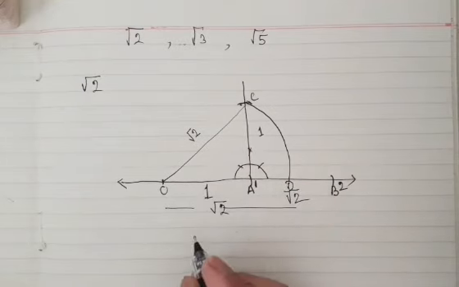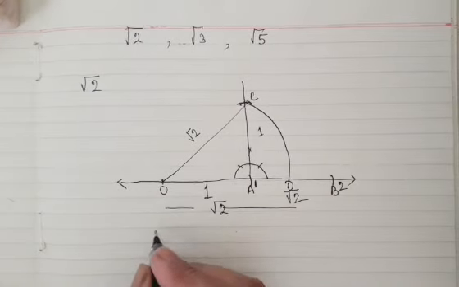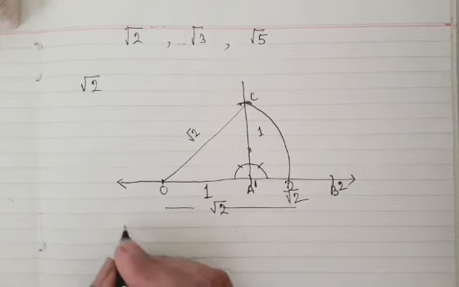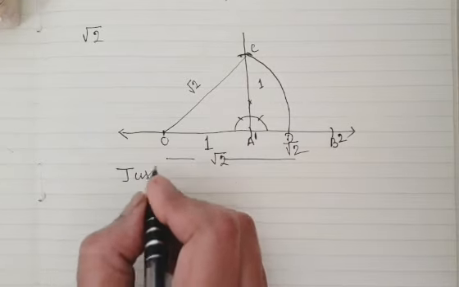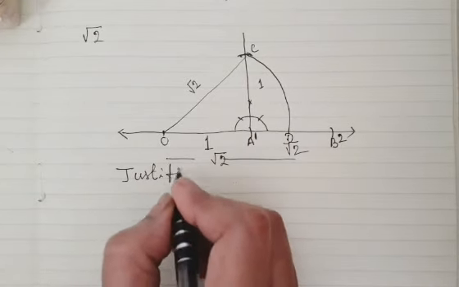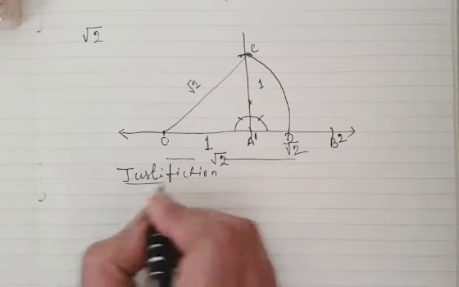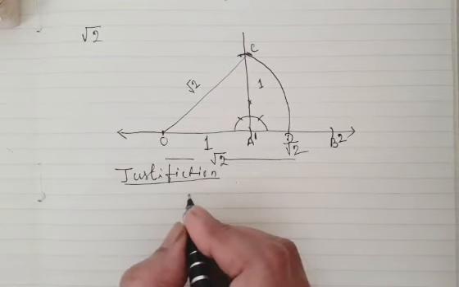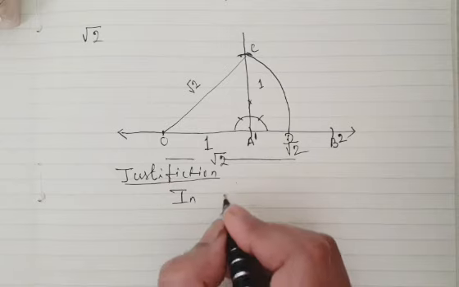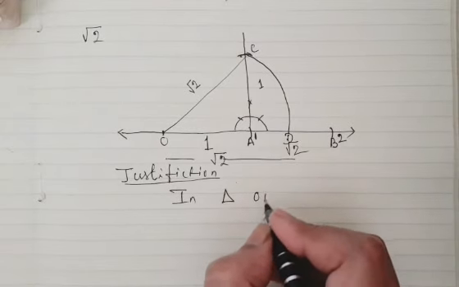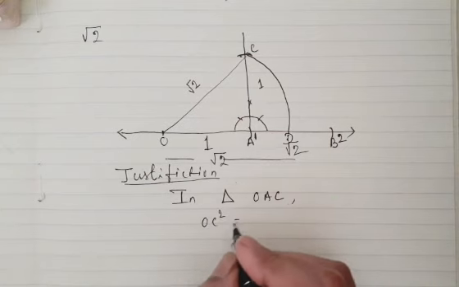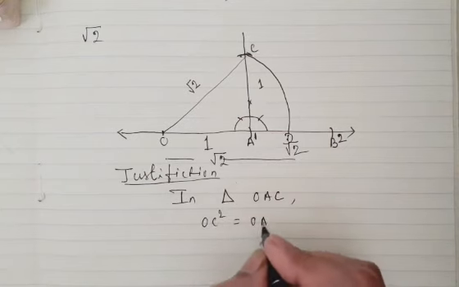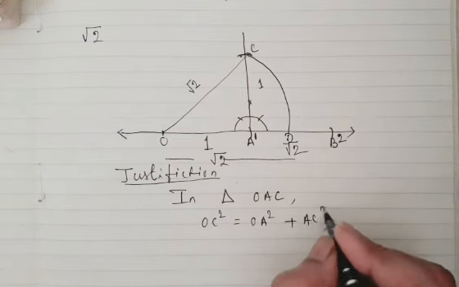Now let us come to the justification part. How do we justify it? Here I am writing the justification. In triangle OAC, OC square is equal to OA square plus AC square.